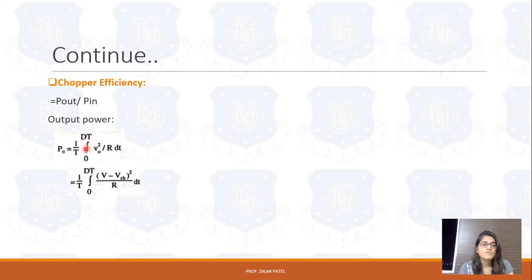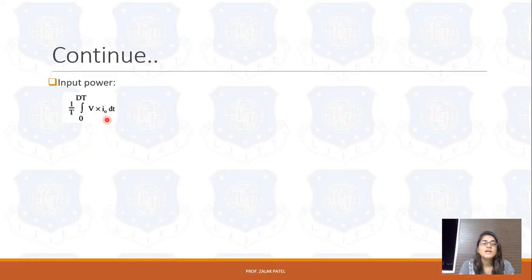Again, in terms of V0 square, we have to write V minus VCH over here. So it will be 220 minus 1.5, squared, upon 20, into 0.8. So it will be 1907.97 for the output power. For the input power it is 1 upon T integral of V into I0.